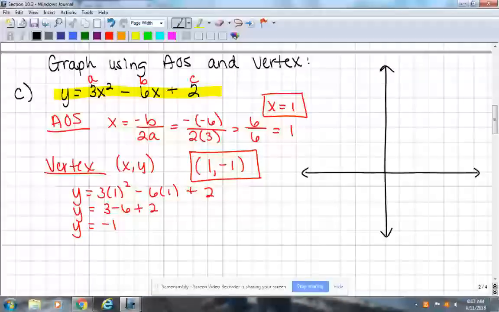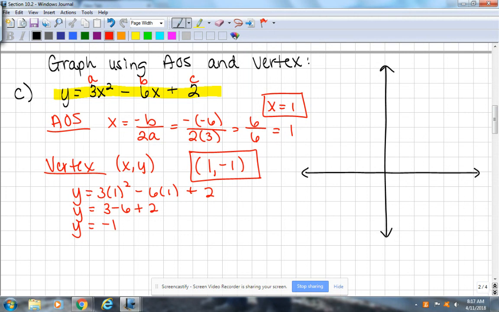All right. So for your axis of symmetry, you're going to make a dotted line. It says x equals 1, so you're going to cross the x-axis at 1. So you go to 1 on the x-axis and make a dotted vertical line, because it's not really part of the parabola, but it helps us to see what the center of the parabola is supposed to be.